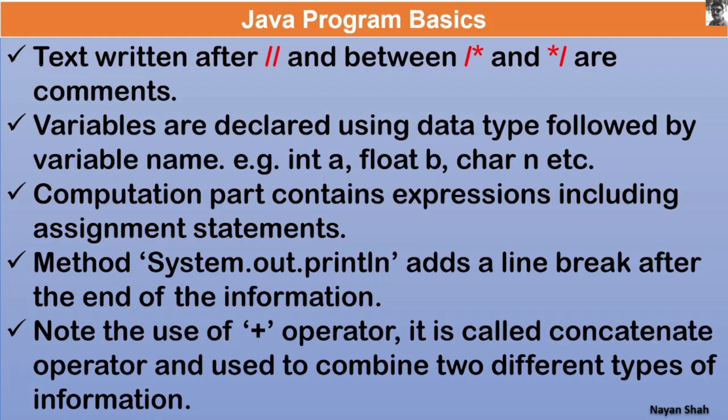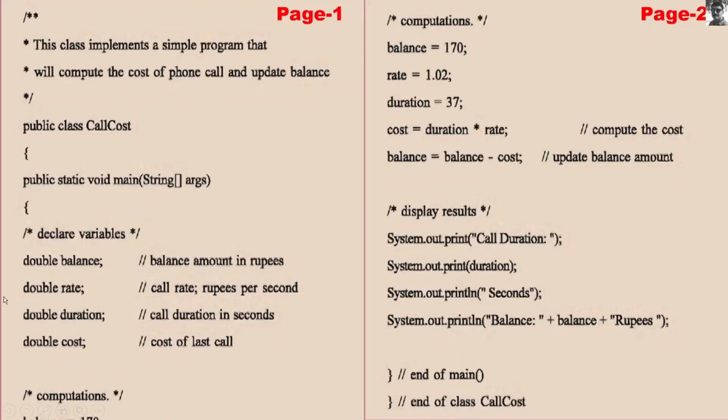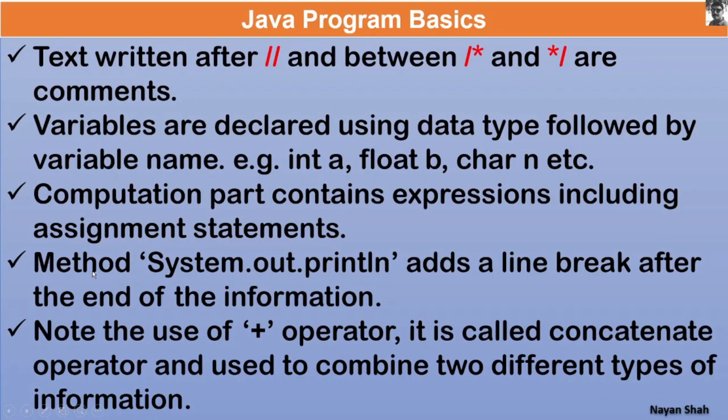Variables are declared using data type followed by variable name. So these are the variables: balance, rate, duration, cost. They are written as data type, that is double, followed by variable name, like int a, float b, char n, etc. But again we will discuss all this.